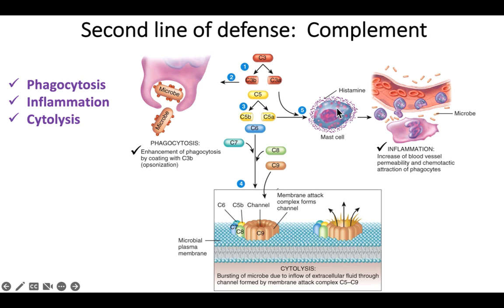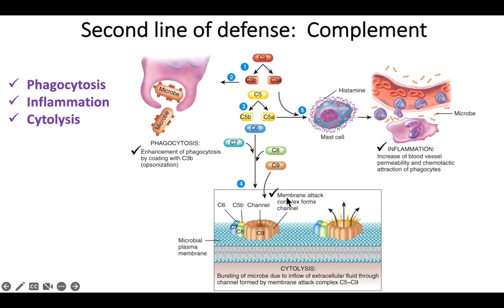The third thing is they help induce cytolysis. That means breaking cells, and the cells that it helps to break are bacterial cells. So this is a plasma membrane of a bacterium or a microbe, and some of these complement proteins actually join together and form this big giant hole in the bacteria.